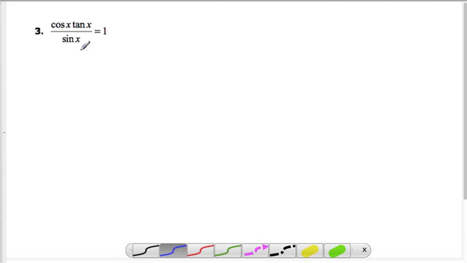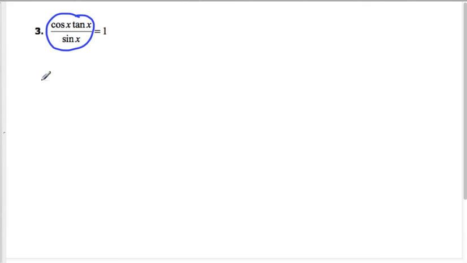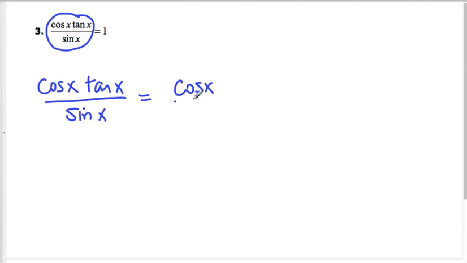Now when you prove these identities, always work with the more complicated side and simplify it to make it to the other side. So obviously I'm going to work with the left side here. So cosine x tan x over sine x, well, that's equal to... Now this step is not really necessary, but I just wanted to show you where I was going.